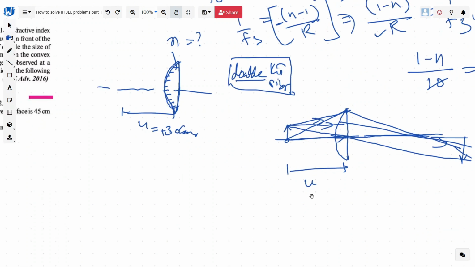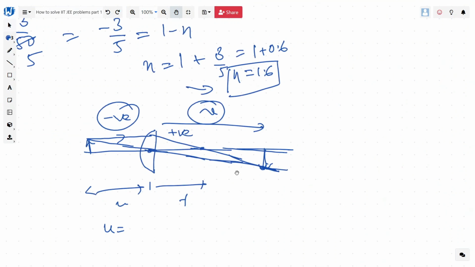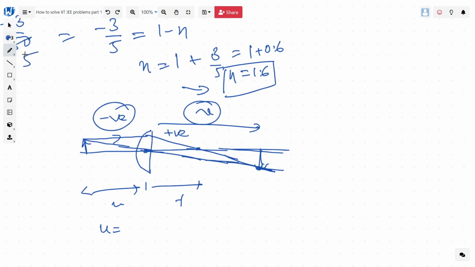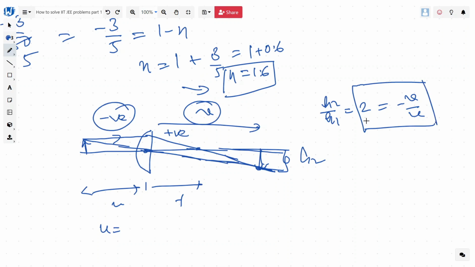Yeah, 30 centimeter, and it says that the size of this image, the H2, is basically now double the size, right? So this is H2, and the H2 by H1, this ratio is 2, right? And we also know that it is going to be minus V by U, and V is going to be positive always.